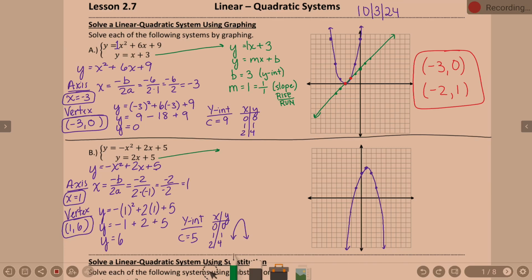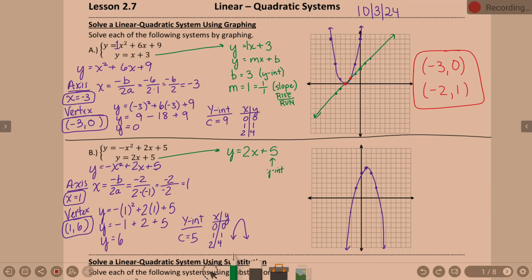Don't forget about y equals 2x plus 5. What do you know about y equals 2x plus 5? Y-intercept of 5. The m equals 2 over 1.